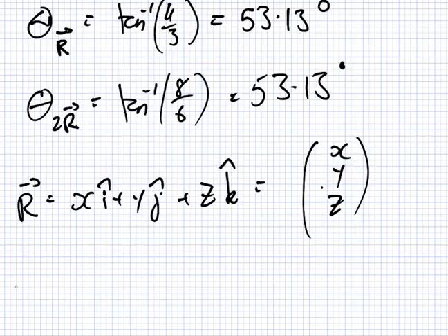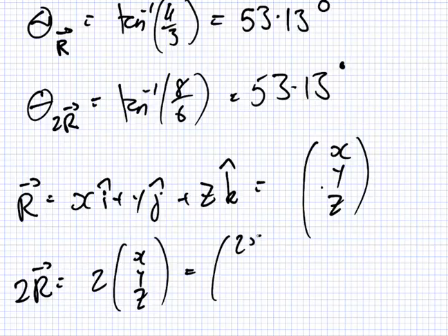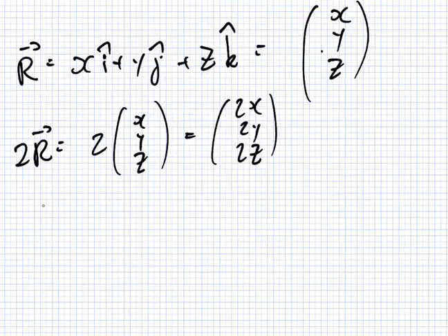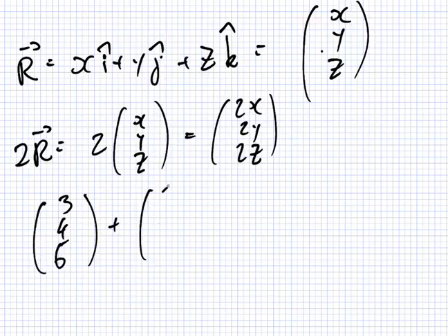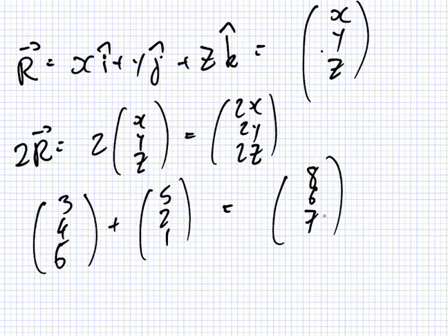For example, 2r would be 2 times x, y, z, and for matrices we just multiply everything by 2: 2x, 2y, 2z. Likewise, if I wanted to add vectors together, like 3, 4, 6 plus 5, 2, 1, just like in matrices, each part adds together, so you'd have 8, 6, 7. So it's actually quite convenient to write them in matrix form because the same rules of matrices work for vectors here.